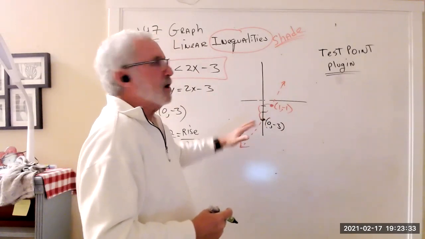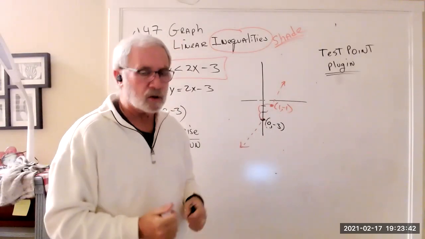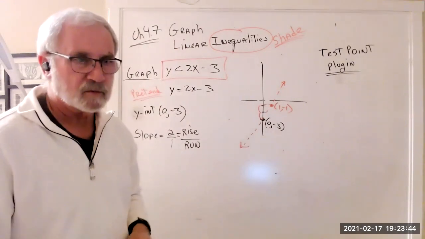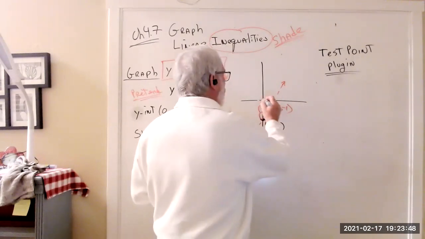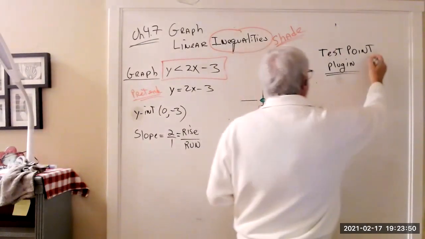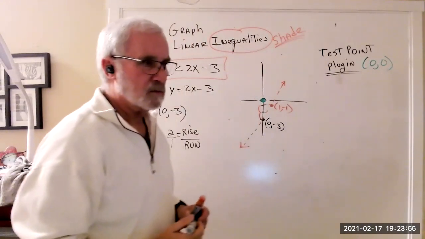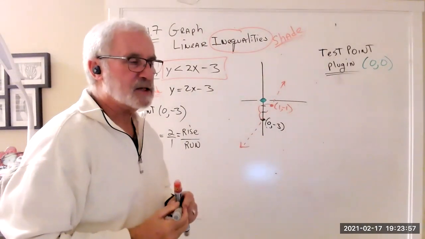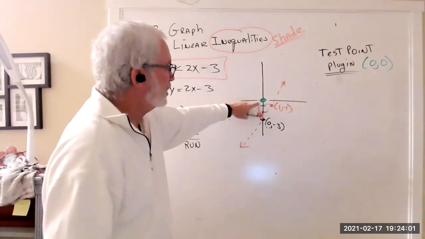It doesn't matter. You can pick a point here, here, here, here. Any point you want, as long as it's not on the actual line itself. Most of the time, we'll pick 0, 0 for our test point because we're lazy, because math with zeros is easy. There's our test point.